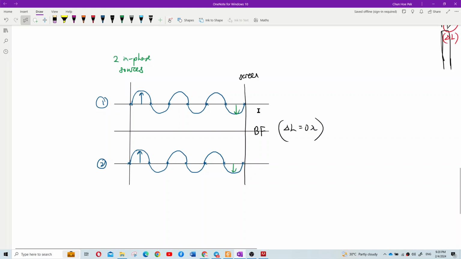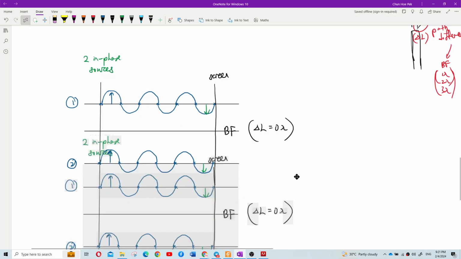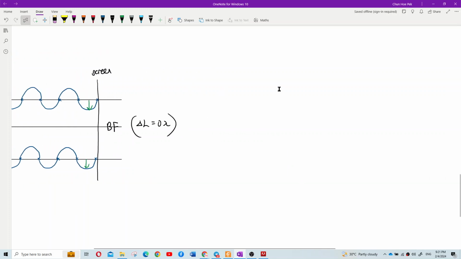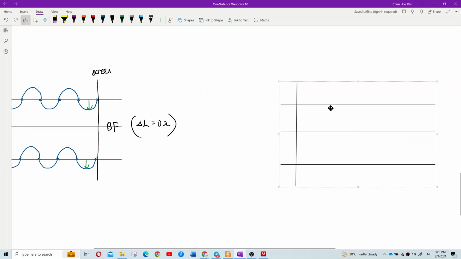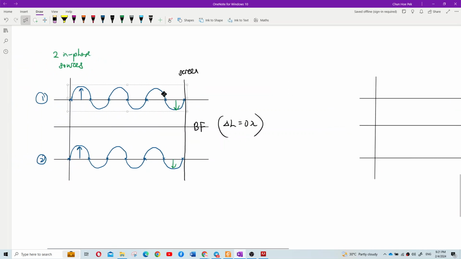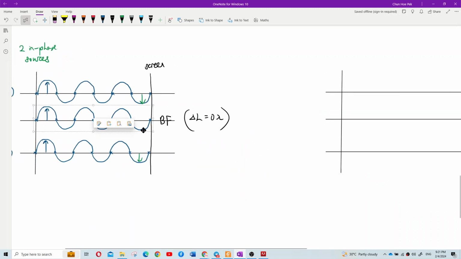So now I make the other case, so you understand. Okay, so now the second case, class. I put it this way.